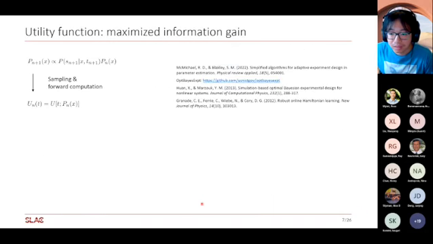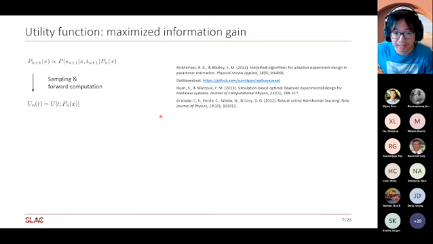So now that we have the ability to do very fast computation, how can we make decisions based on this? Here's a brief summary of the so-called utility function. The main goal is that we want to maximize the information gain upon every new measurement.